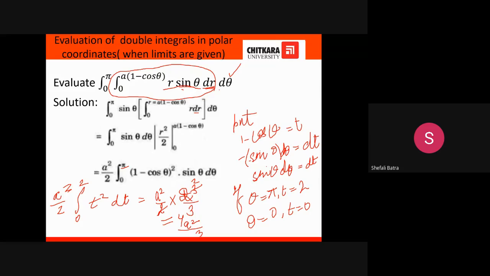Getting or not? Yes, ma'am. Only one student is getting 4a square by 3. What about others, beta? Yes, Prabal is saying 4a square by 3. Okay, beta.